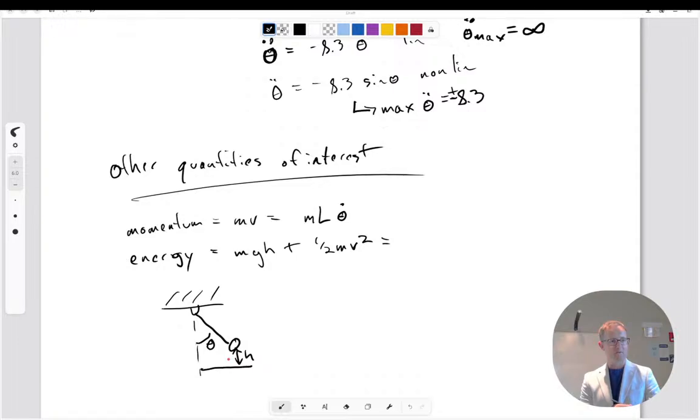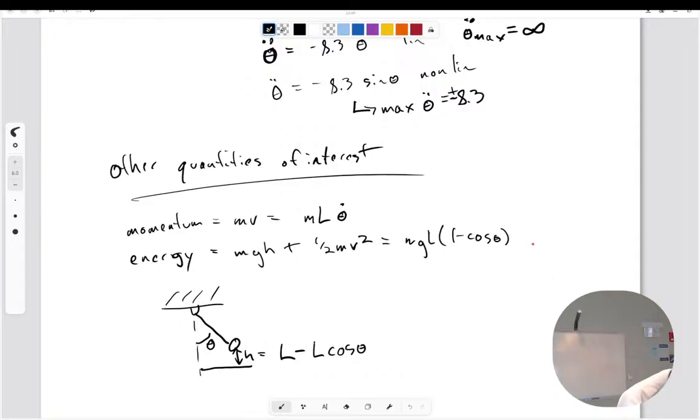Some kind of L cosine theta? It should be the initial length minus L cosine theta. It will be different. Kind of like an L, and then minus L cosine theta. Okay, yeah, I'm down with that. So MGL times 1 minus cosine theta.